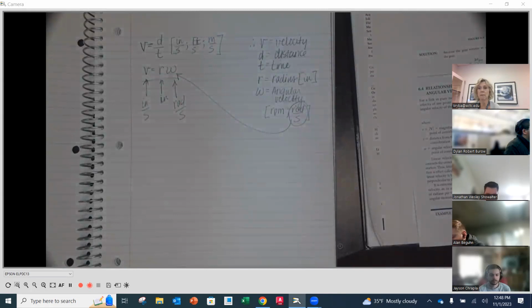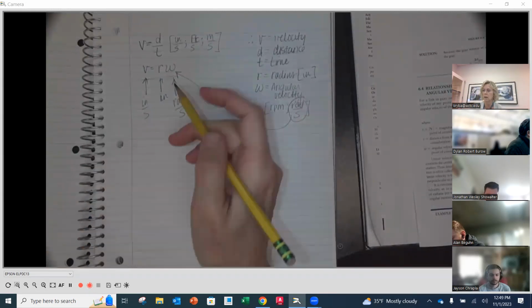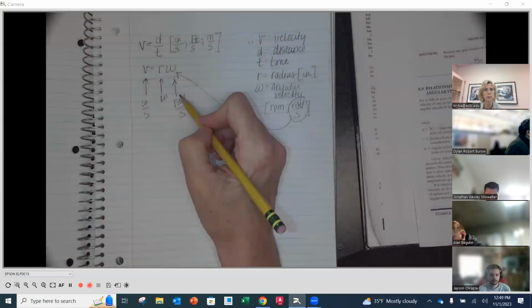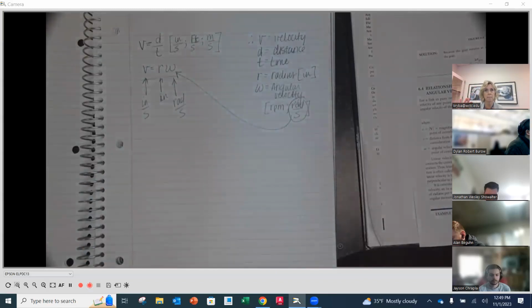And if I give you a problem and say, what is the final rotational speed of this link when V equals this and R equals that? You're going to use this equation, solve for W, and the final units are going to be radians per second.